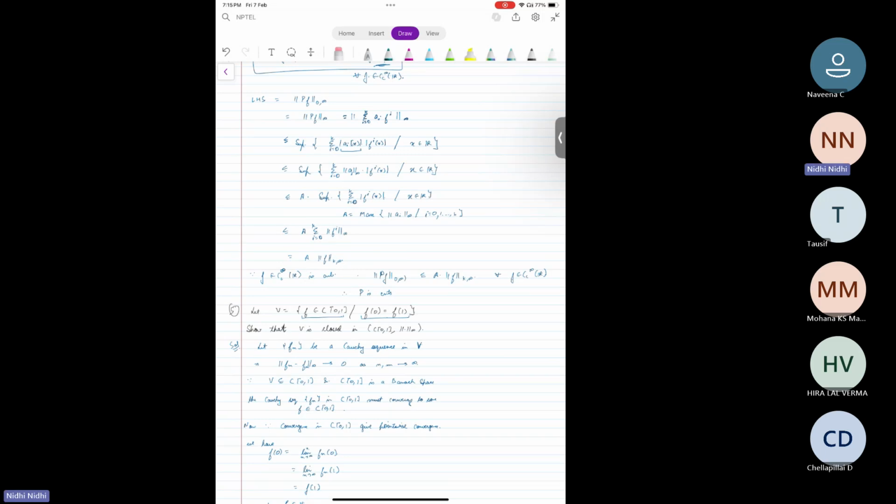So, any other doubt? In the next tutorial, will we be solving the subjective assignments again? Do you want to do those practice sheets?